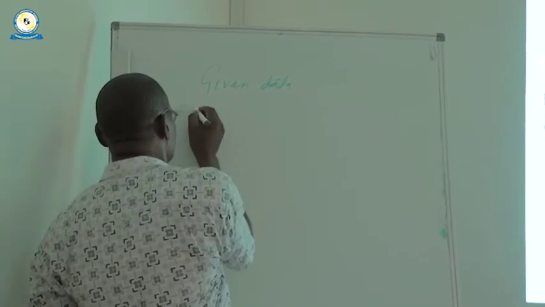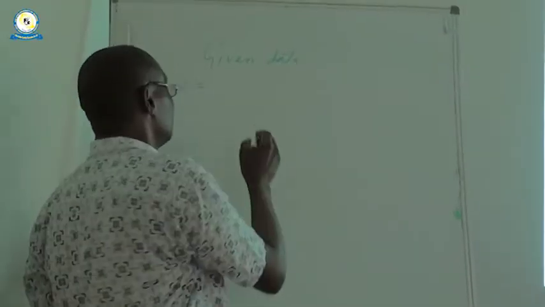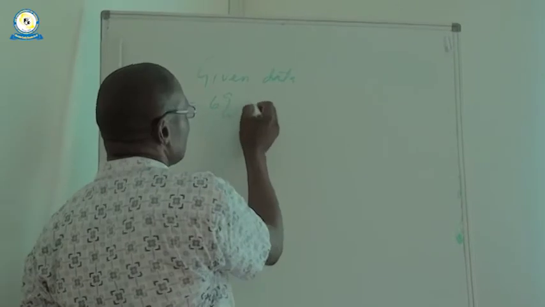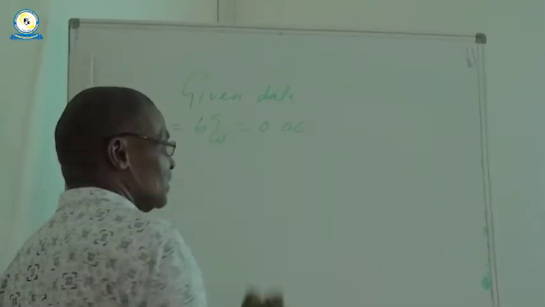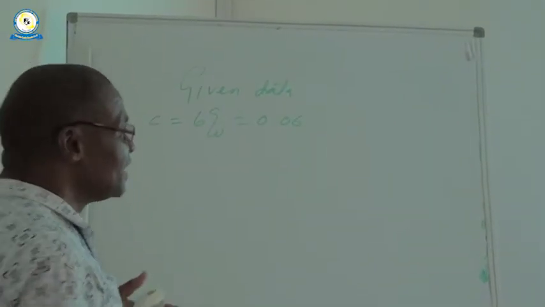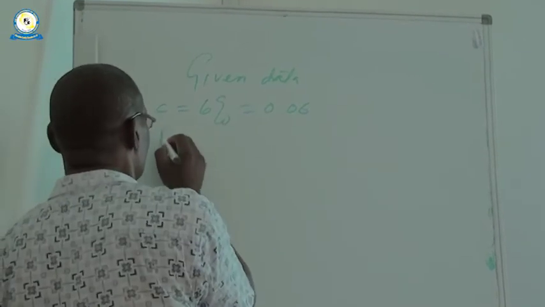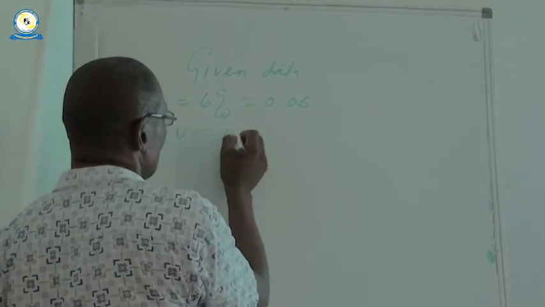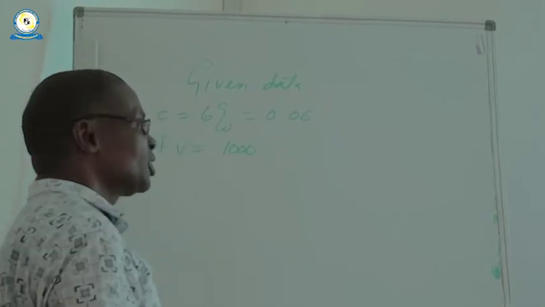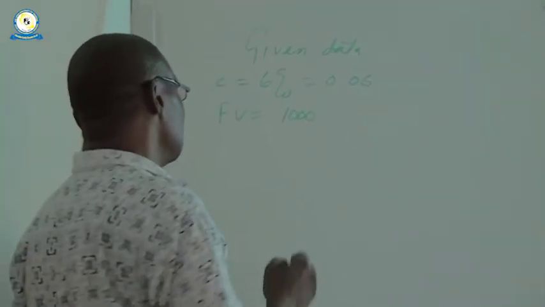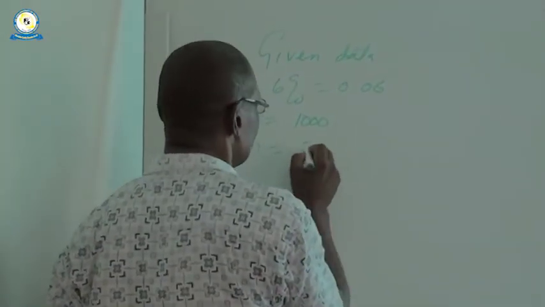Now, given that, what is the price of the 6% annual coupon bond? You are given the coupon rate 6% or 0.06. You are given the face value equal to $1,000. Maturity date 3 years.